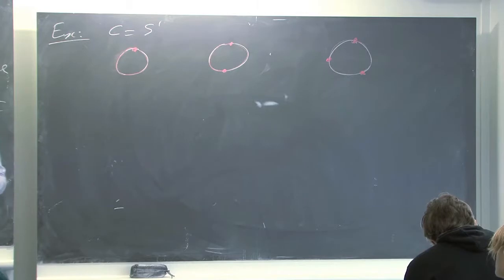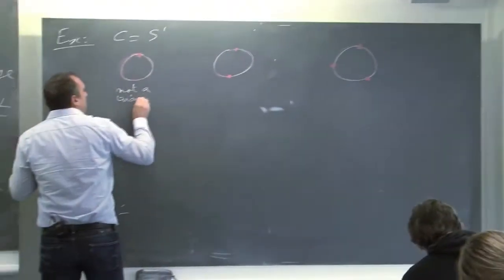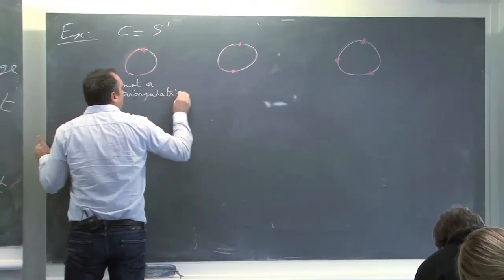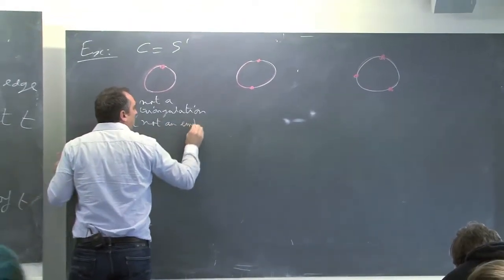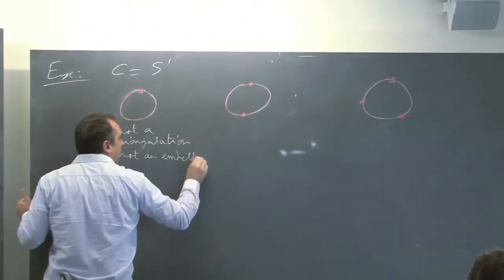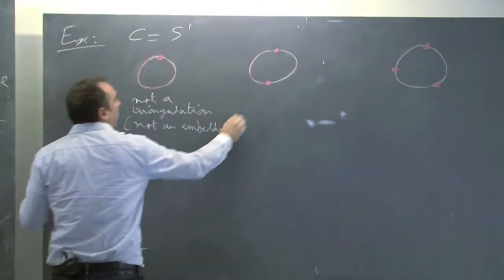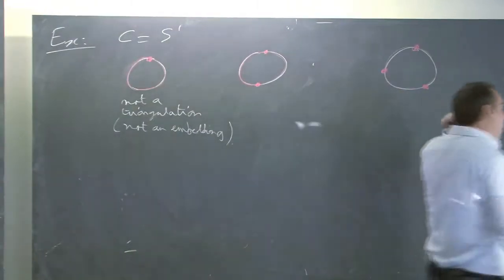No, because it would not be injective. Yeah. So not a triangulation. No, this is not an embedding. The images of 0 and 1 are the same.